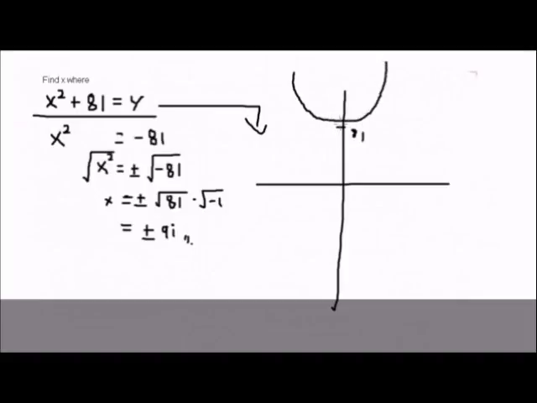But as you can see, it has a solution, which is plus minus 9i, which is kind of imaginary, I guess. That happens when you get imaginary answers. You can't see the answer on the graph, and it's called an imaginary root because it's imaginary, but it's also a root.